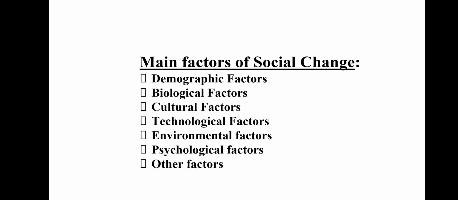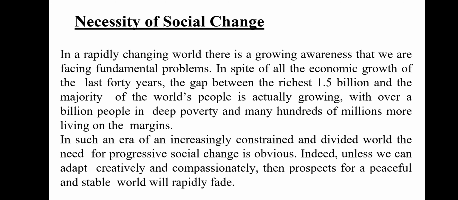Some main factors of social change are: number 1, demographic factor, 2, biological factor, 3, cultural factor, 4, technological factor, 5, environmental factor, 6, psychological factor, and finally other factors.